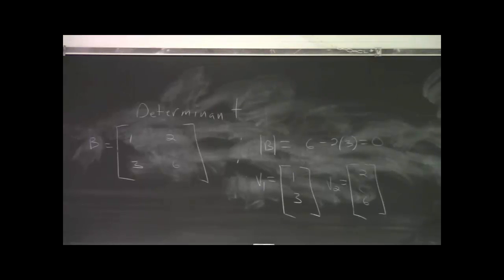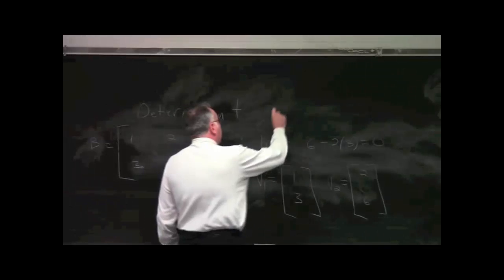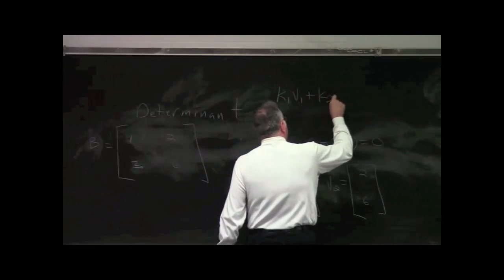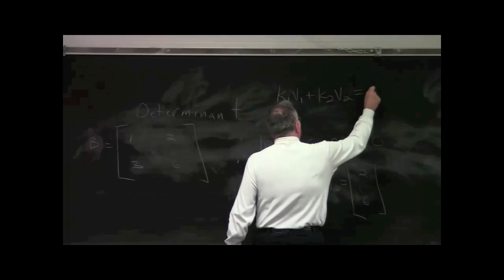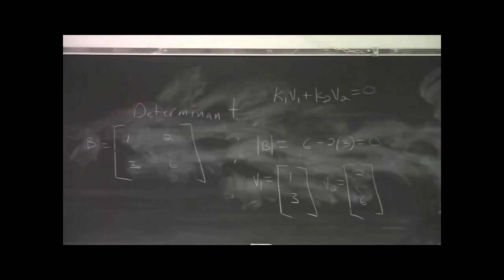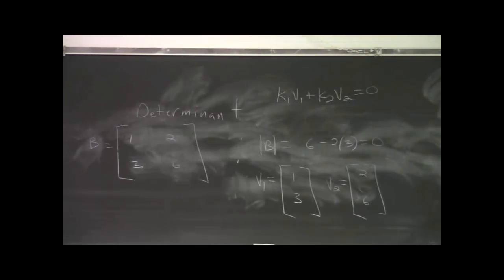Or alternatively, you could use this version: K1 V1 plus K2 V2 equals 0. Now, what would you choose K1 and K2 to be to make that 0? -1 for K2.